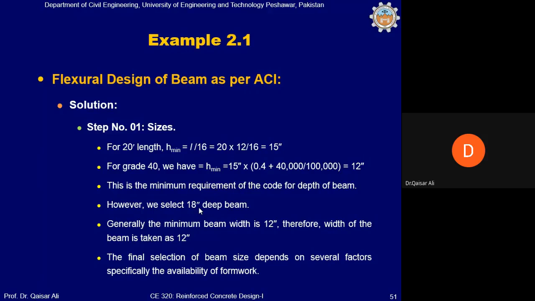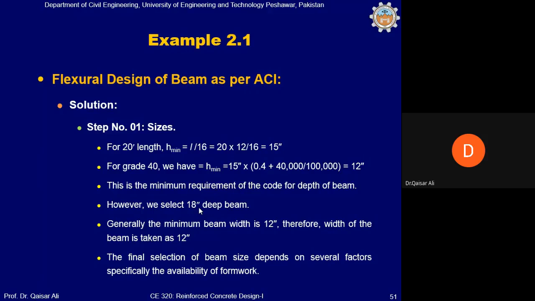And finally, you will use those sizes which are available in the market. You will not be able to use the size that you have assumed in your calculation, because preparing new formwork for just one beam or a few beams will become uneconomical. So we have to use the available sizes.